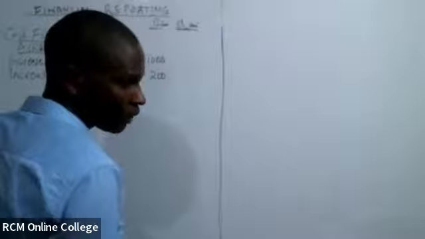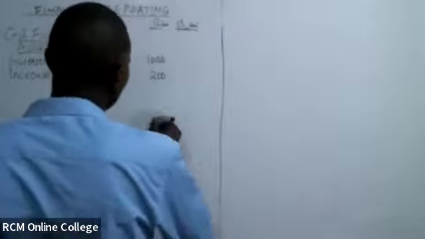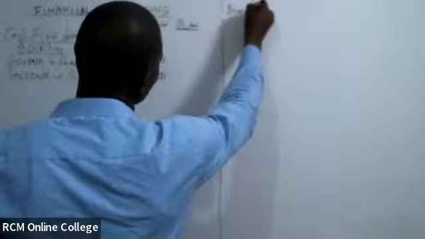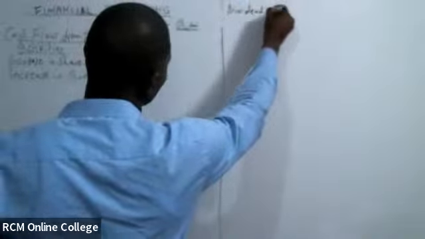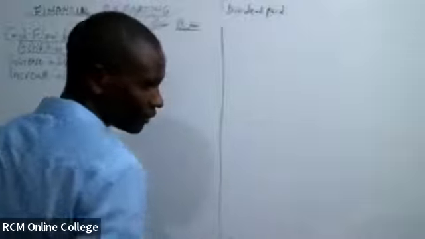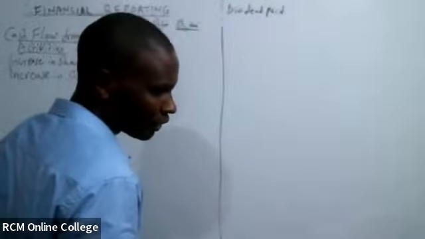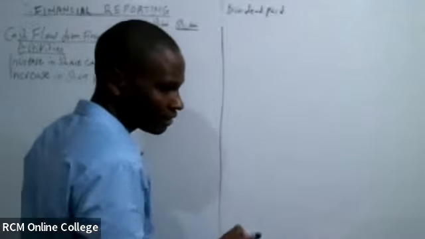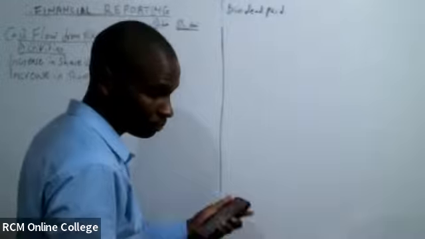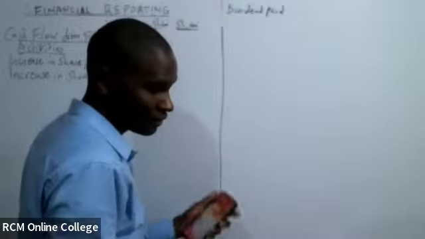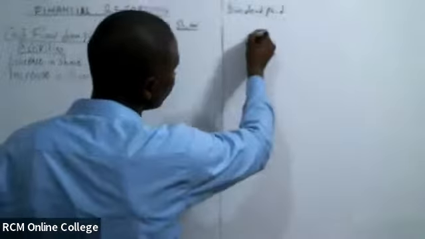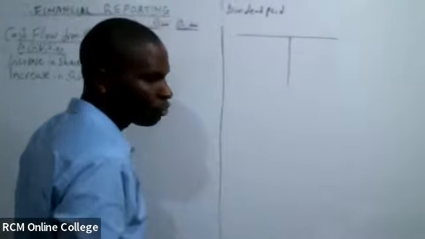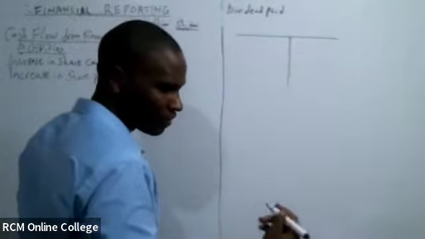I'm just saying that for the dividend paid, in most cases, the examiner will not give you the dividend paid directly as they give in this question. What you use is the retained earning that will help you get the dividend paid.